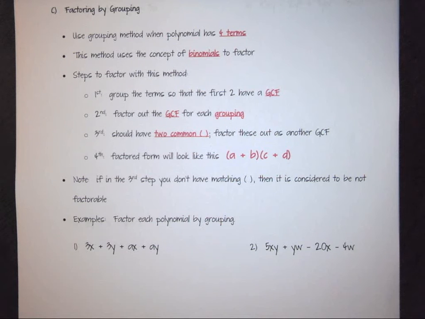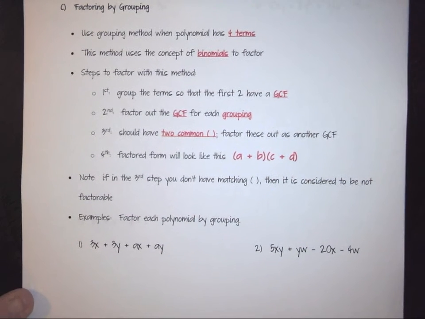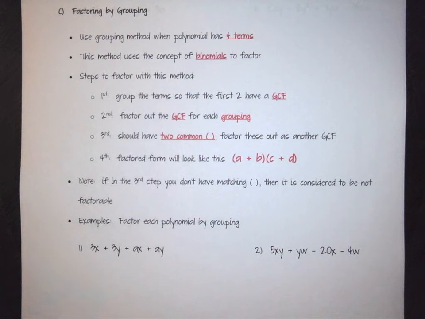So the first thing that we want to do is we want to group your terms. In grouping them, what that means is that we are going to look just specifically at the first two terms together, and we're going to look at them separately from the back two terms. So when you look at, say, your front two terms, you have to factor out the greatest common factor for that particular set of terms.